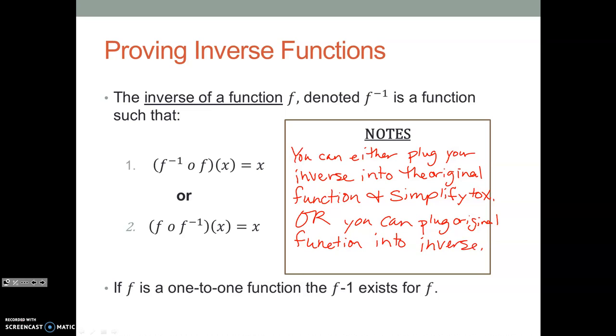Either way will work, okay? So I can take my original function and plug it into my inverse, or I can take my inverse and plug it into my original. Either one should work, and when you do that, if they are inverses, you will get that it equals x.